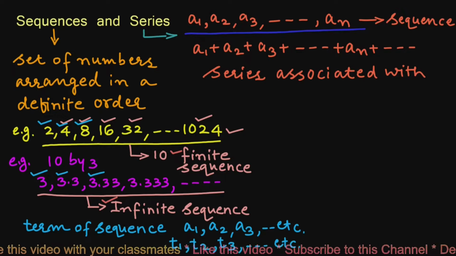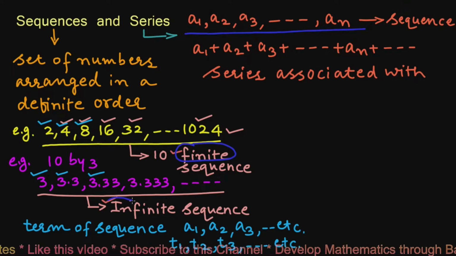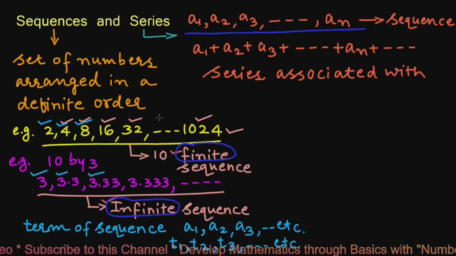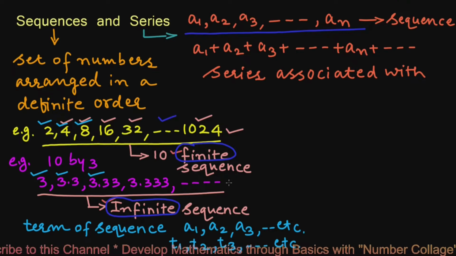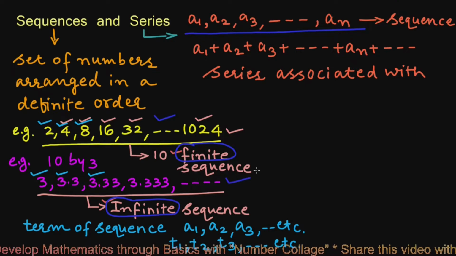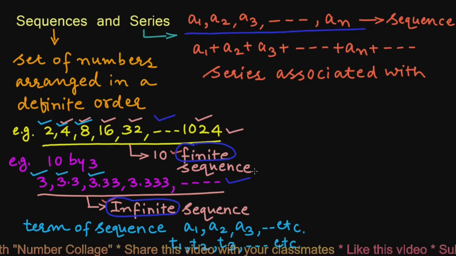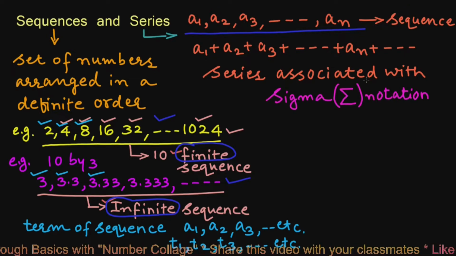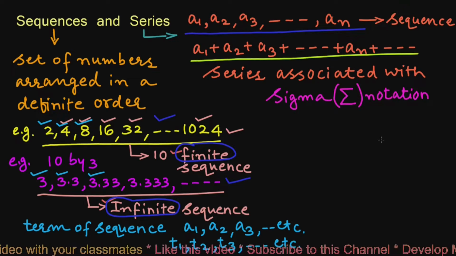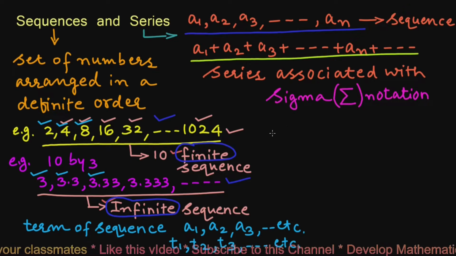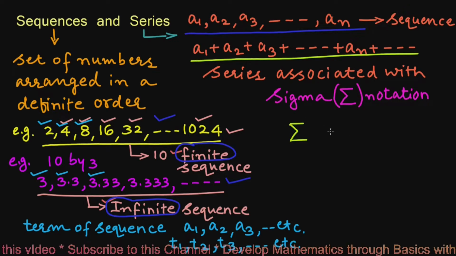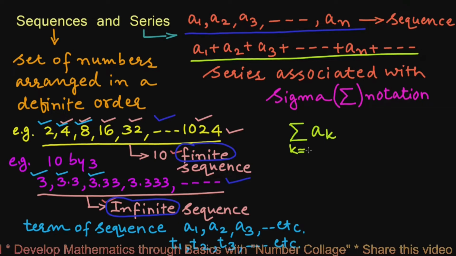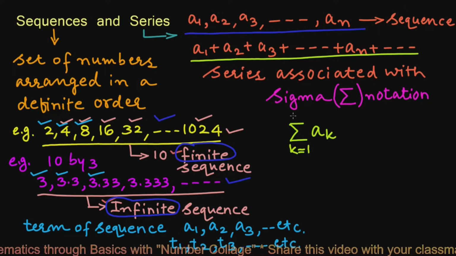This series may be finite or infinite depending upon whether the sequence is finite or infinite. In compact form, series are represented by sigma notation. Therefore, this series in sigma notation can be represented as sigma ak, where k goes from 1 to n.